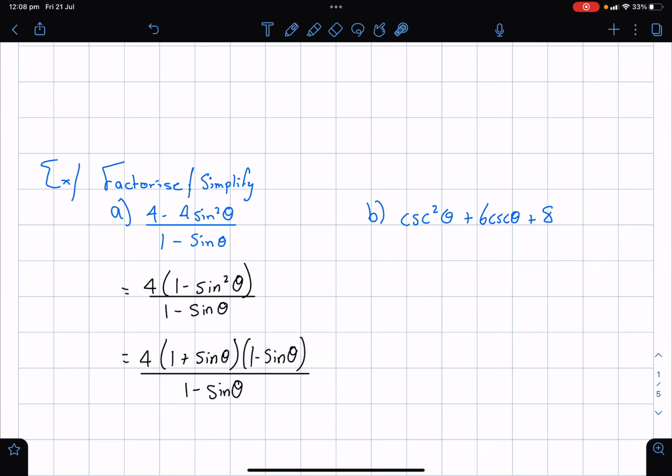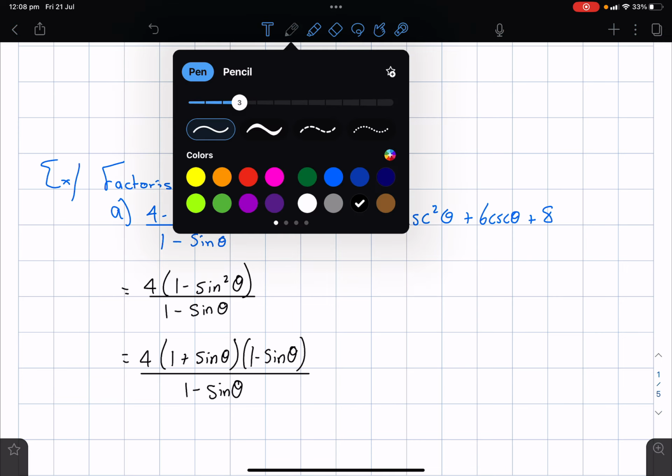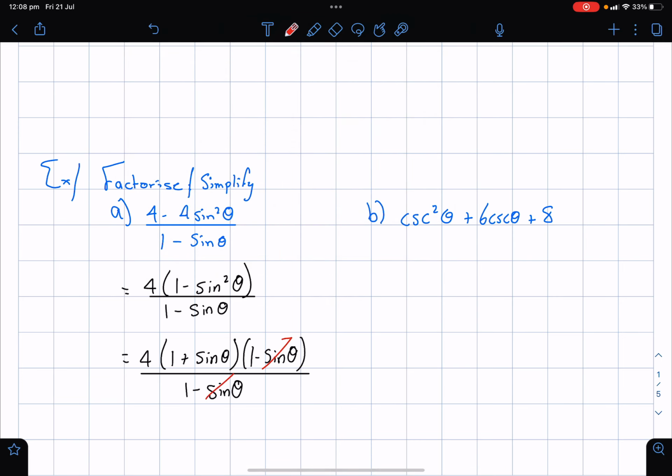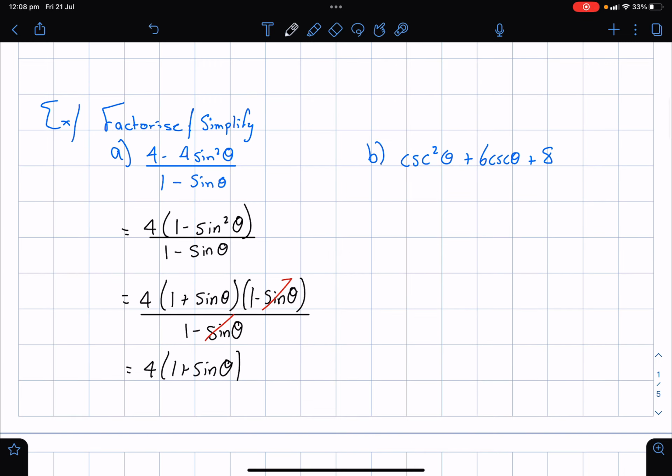Now, because everything on the top is a factor, I can now cancel out these 2 terms, and I am just left with 4 times 1 plus sine theta. And we're going to leave it like that. That is simplified. All right, let's have a look at part B.